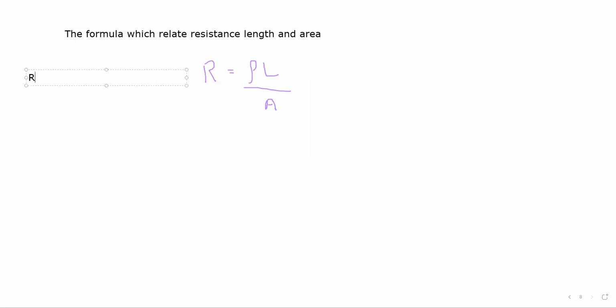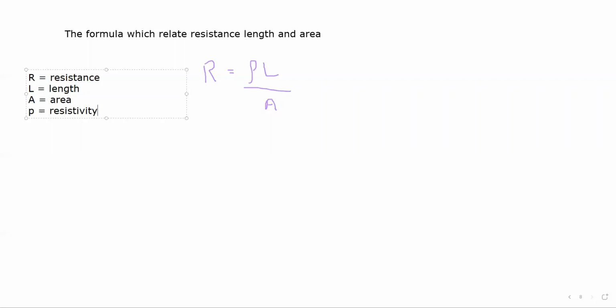R is resistance. What is L here? L is the length of the wire. What is A here? A is the area. And what is rho here? It's a Greek letter, which means resistivity.